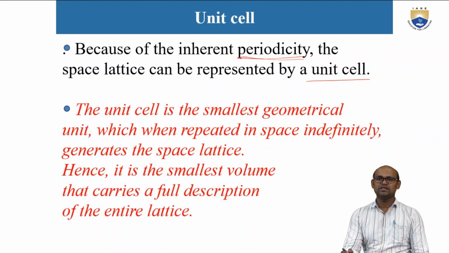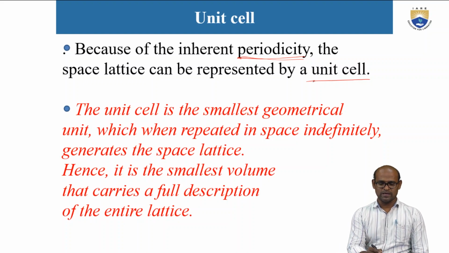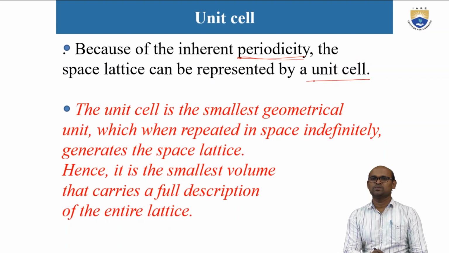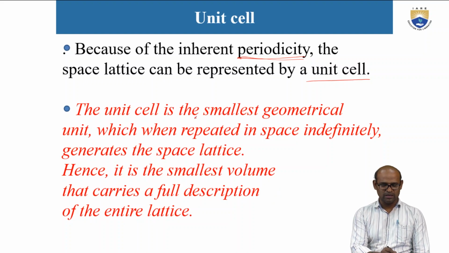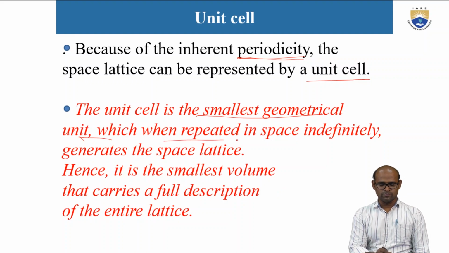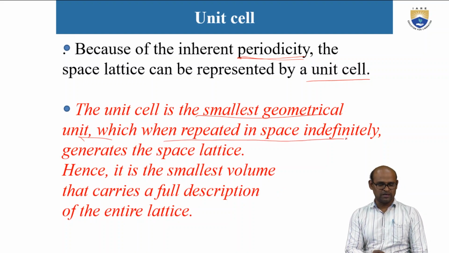When you repeat this unit cell in space, you are going to generate the actual crystal structure or space lattice. So that is what a unit cell is. The unit cell is the smallest geometrical unit which, when repeated in space indefinitely, generates the space lattice.